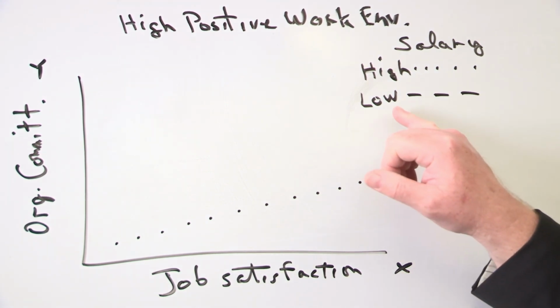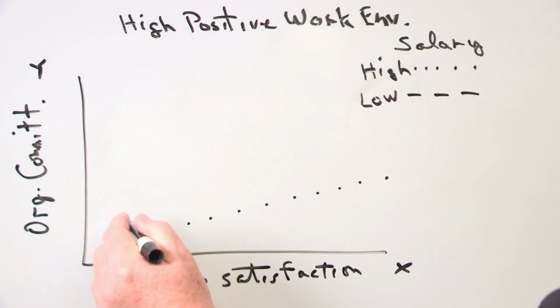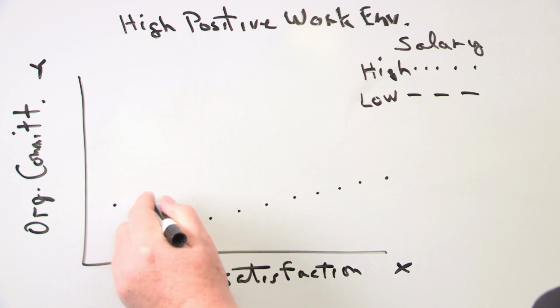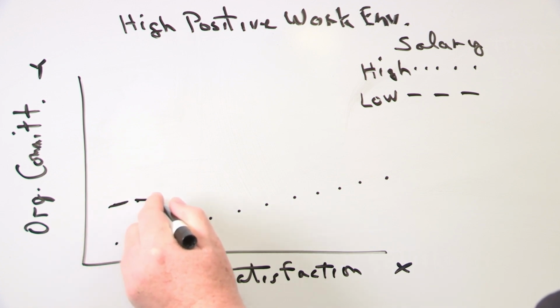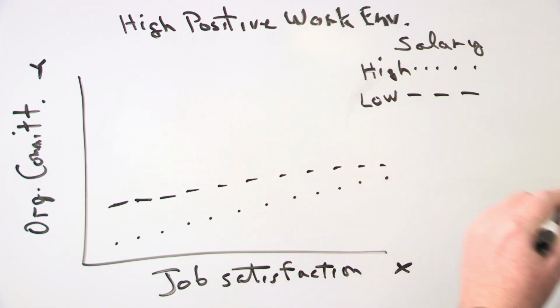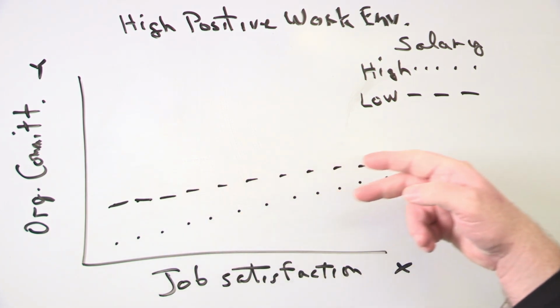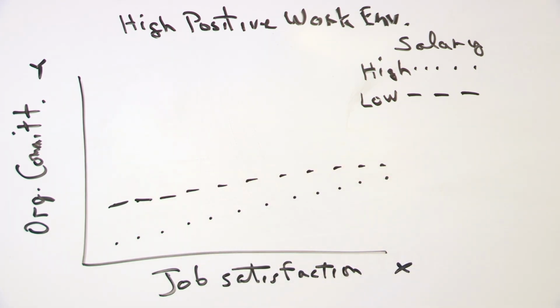And then we look at low salaried employees, and well, that'd be like this, right? There's also no effect. So the lines are parallel in this example.